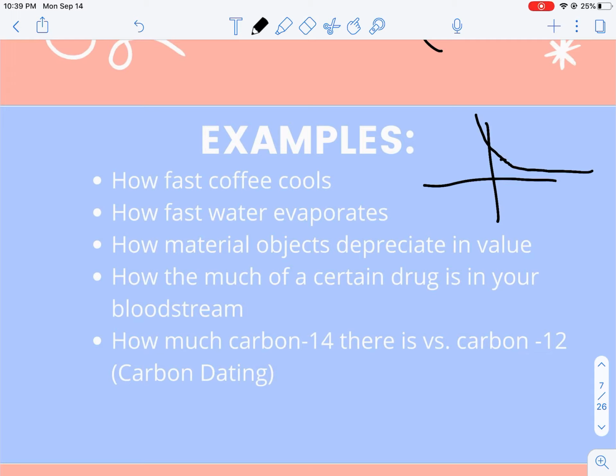Exponential decay. How about how fast water evaporates? Have you ever been on one of those log rides at an amusement park, like Splash Mountain at Disneyland? I don't know what it's called at Great America, but you go on a hot day and you get soaking wet and it's kind of fun.